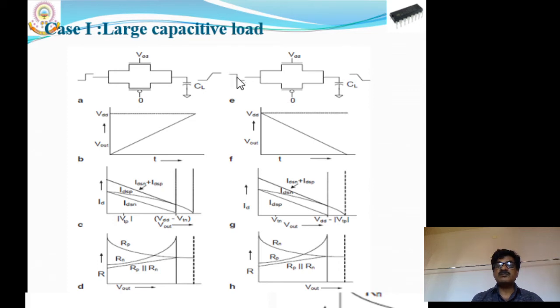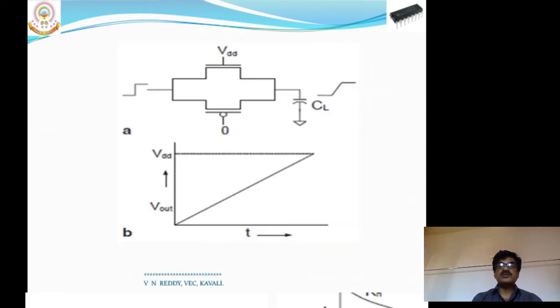So first of all let us take the first column diagram. Under high capacitive load, the transmission is a 0 to 1 transition. Now we are going to transmit the 0 to 1 transition value through this transmission gate under the high capacitive load case.